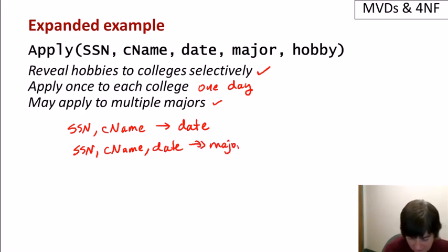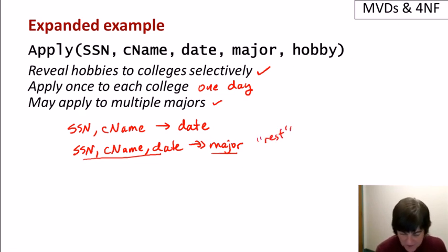And remember what that's saying is that the majors that a given student applies for at a given college and date are independent of what we call the rest, which in this case is the hobbies. So you might take some time to look at the formal definitions of functional dependencies and multi-value dependencies and maybe write out some sample data to convince yourself that these are the dependencies that are capturing the assumptions that we make about the real world.